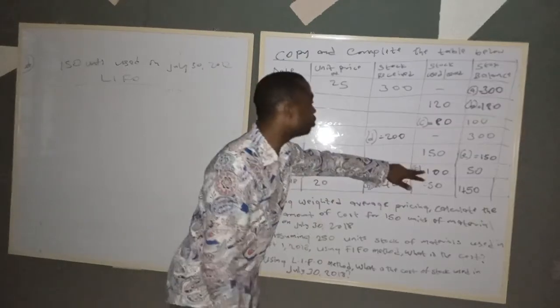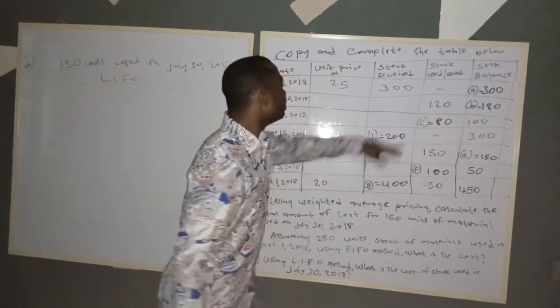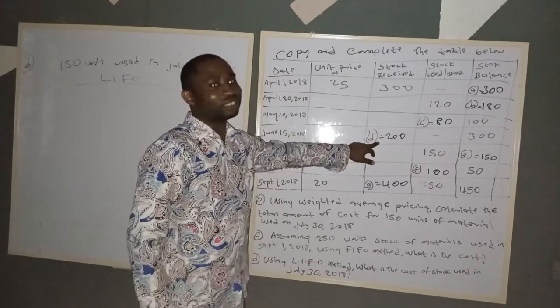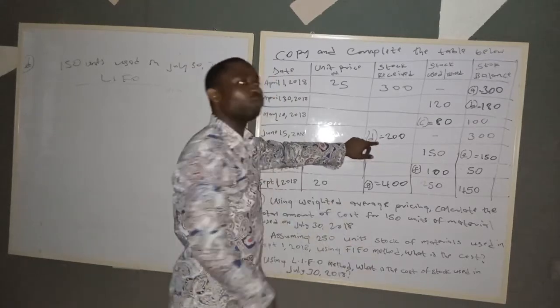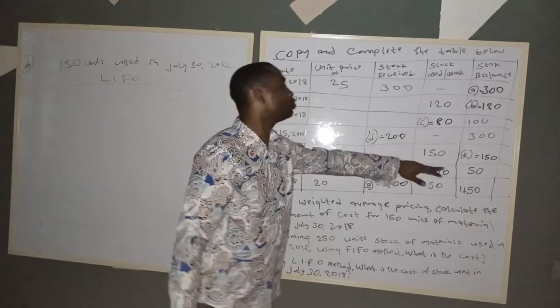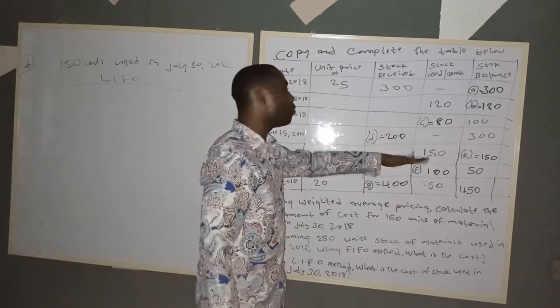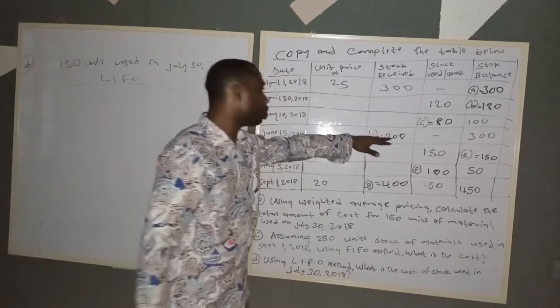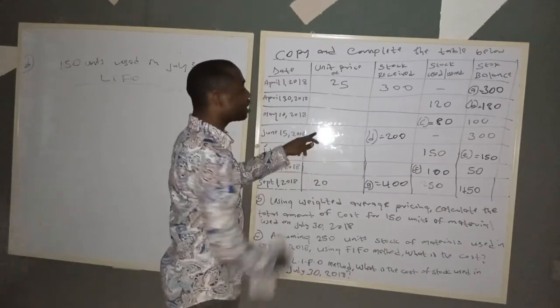Now using the LIFO method, out of this 300, 200 was the one that came in last. So last in first out is what we want to use now. This 200 came in last, and we want to use 150. That means we are using all the 150 from this 200. That 200 came with the unit price of 30 naira.